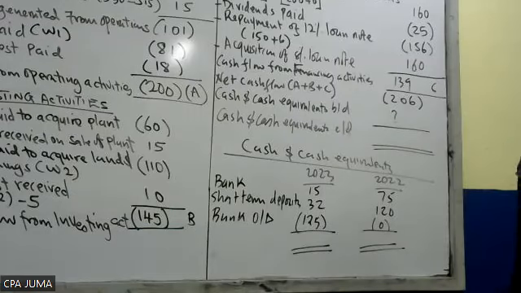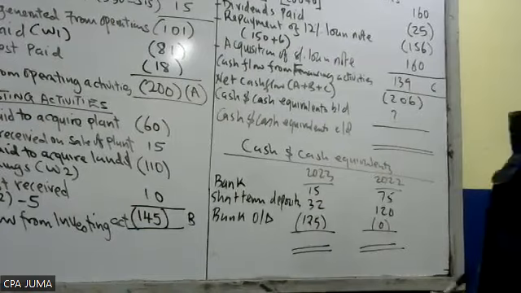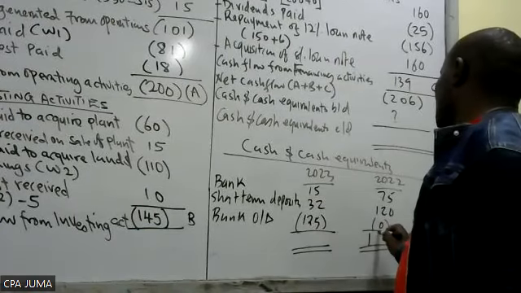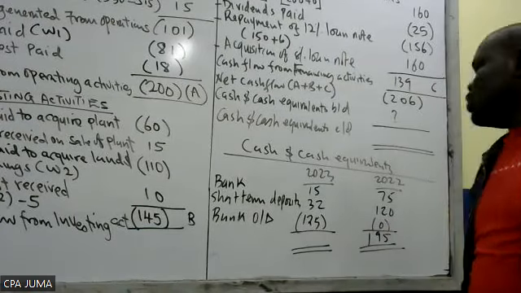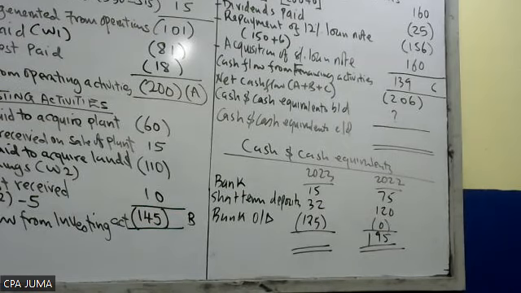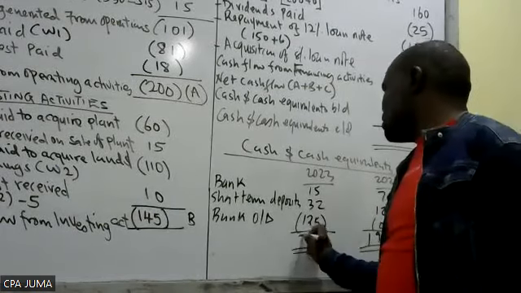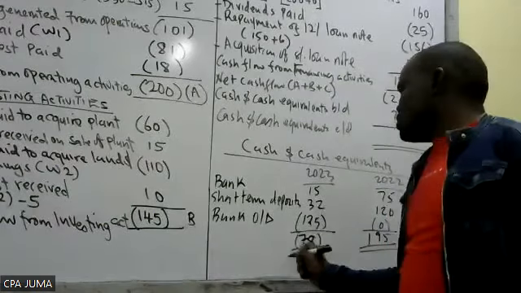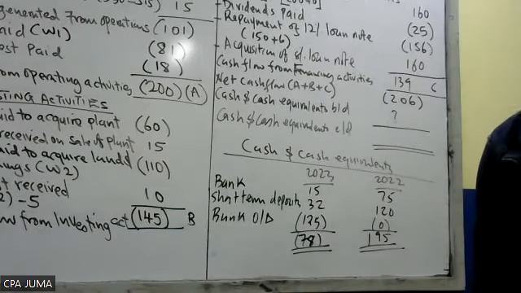So can you add 2022? That is 195. 15 plus 32, you get 47 minus 125, it comes to 78.